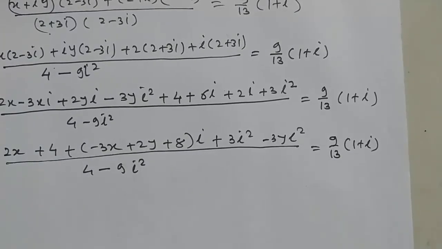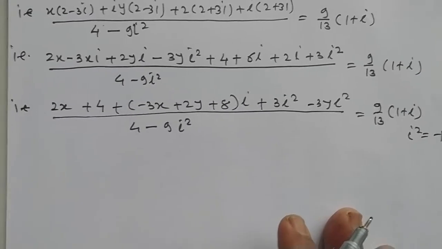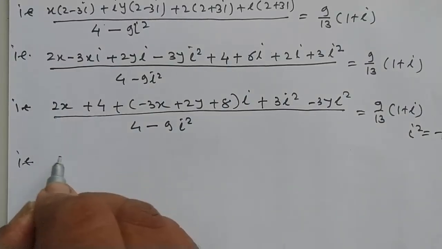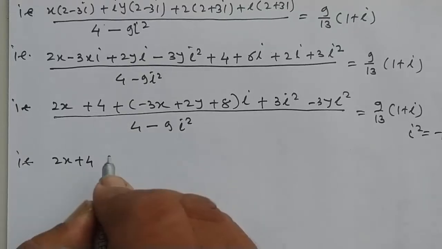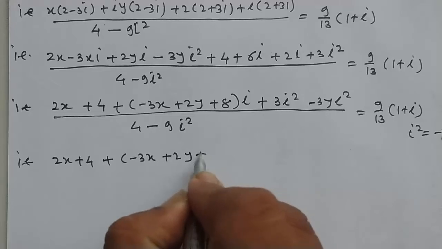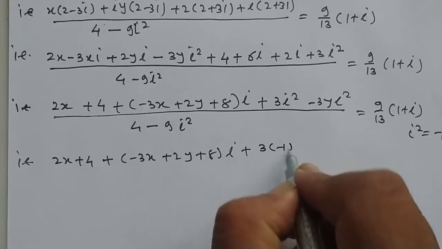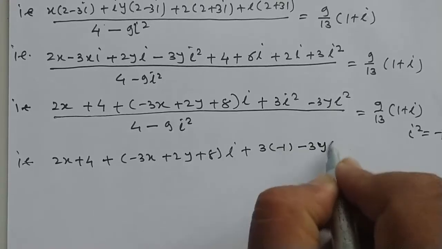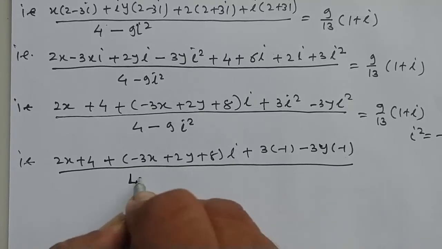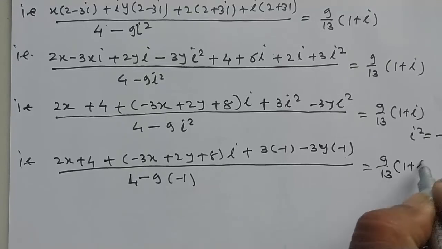Now, putting i square is equal to minus 1, that is 2x plus 4 plus (minus 3x plus 2y plus 8) into i plus 3 into minus 1 minus 3 into y into minus 1, divided by 4 minus 9 into minus 1 is equal to 9 upon 13 into 1 plus i.